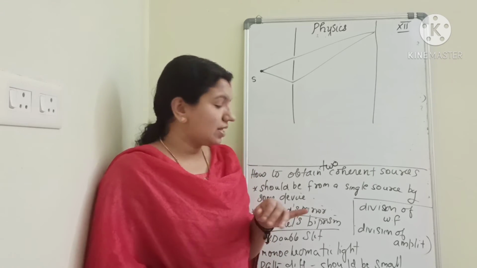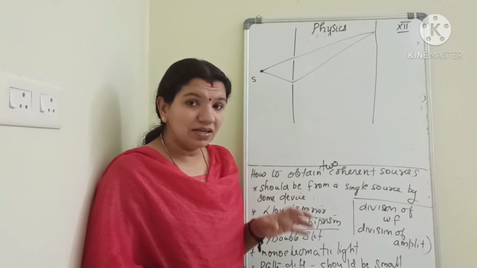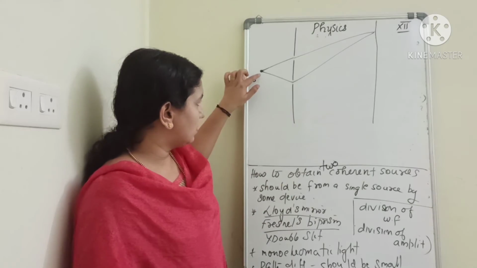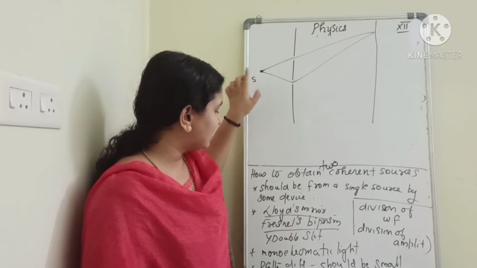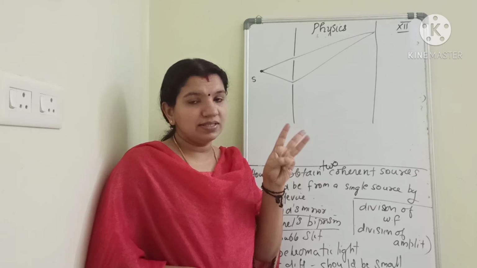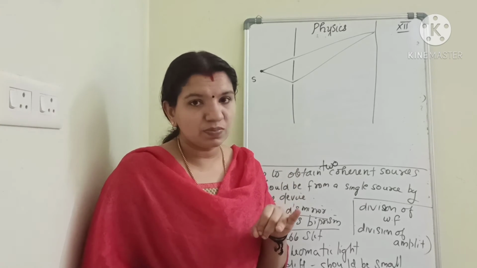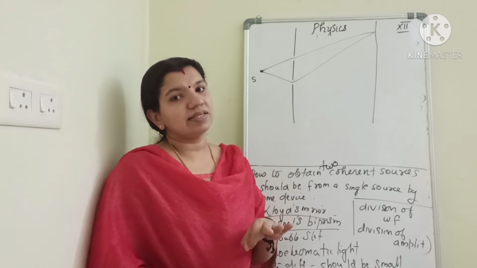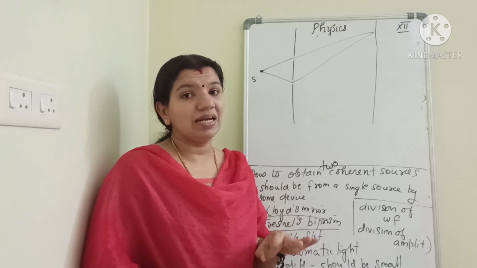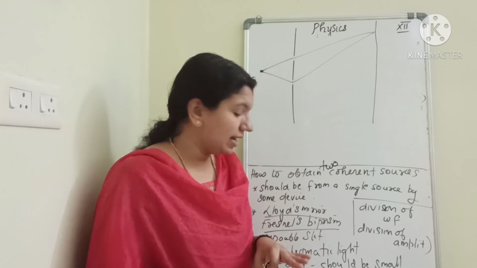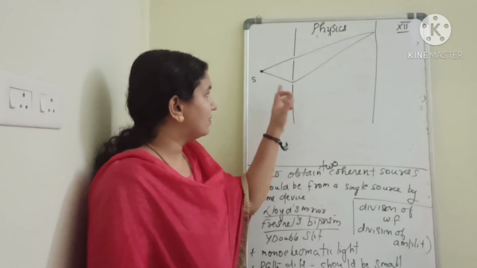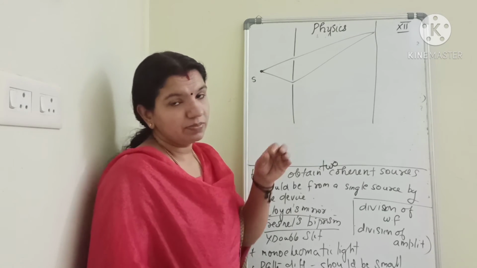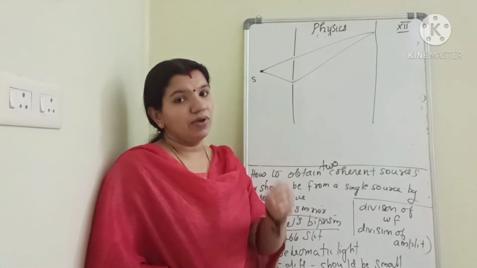What are the conditions? First one is, it should be from a single source, which can be obtained by some device. The second one is, three methods are there: Lloyd's mirror, Fresnel's biprism, and third is Young's double slit experiment. We have to study the double slit experiment in detail. Then monochromatic light. We should use monochromatic light because it has a single wavelength.